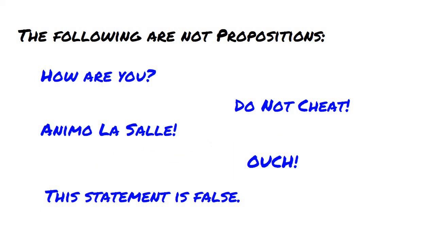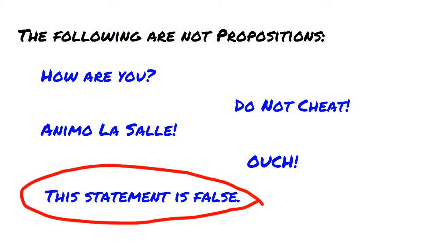Finally, we have a declarative statement here. This statement is false, but its meaning is vague. Because if this statement is, say, false, then this statement is true.